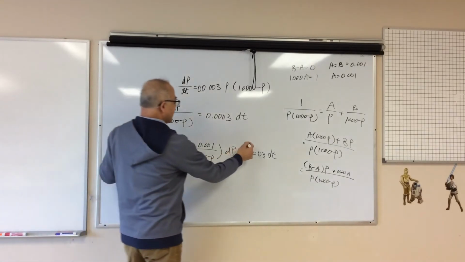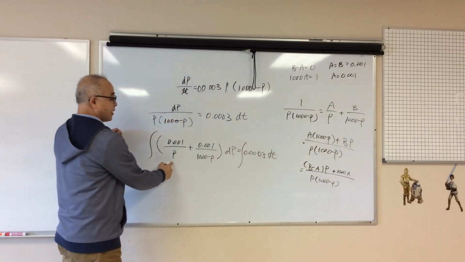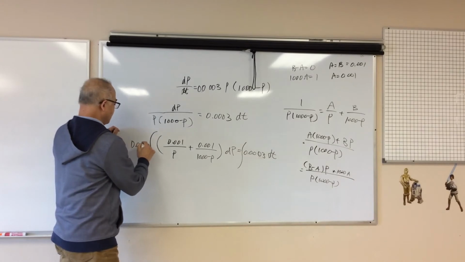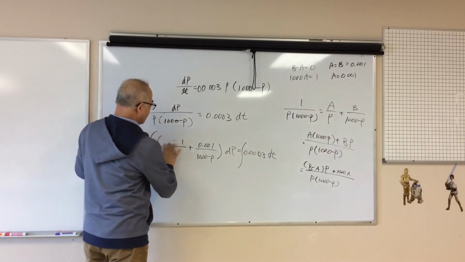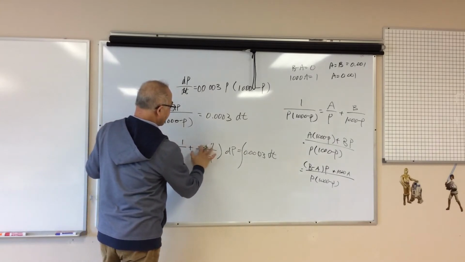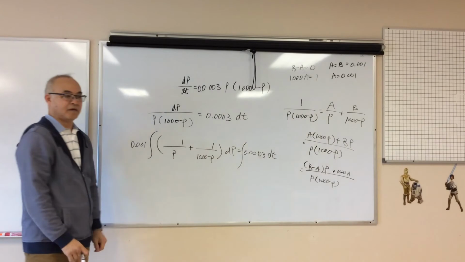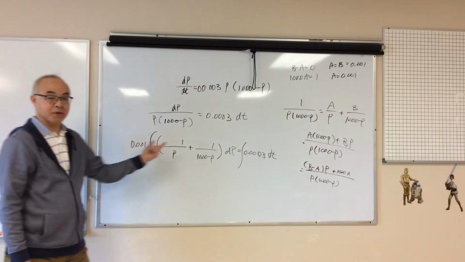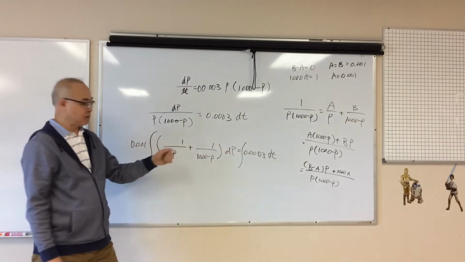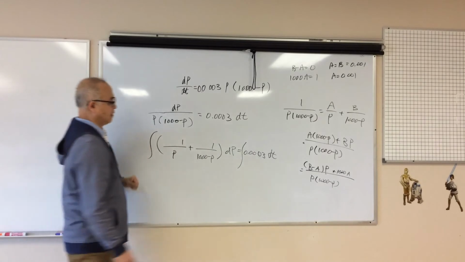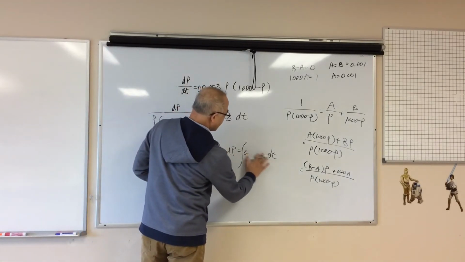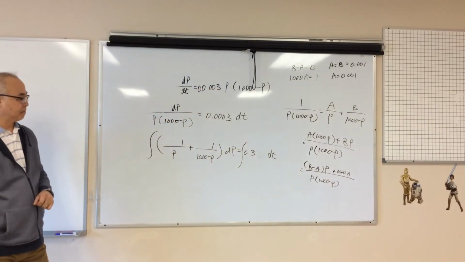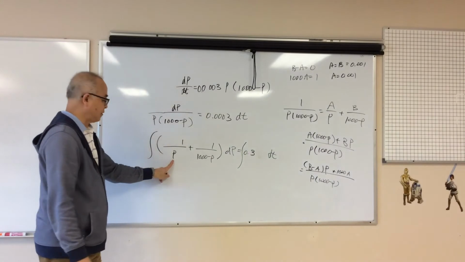Take the integral of both sides. What do I get here now? Actually, let's pull this out and make it look like that. I can multiply both sides by 1,000, correct? And I should now get rid of that. So if I integrate this, what do I get?